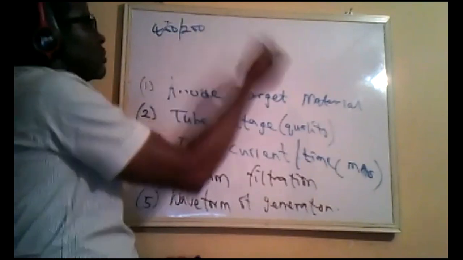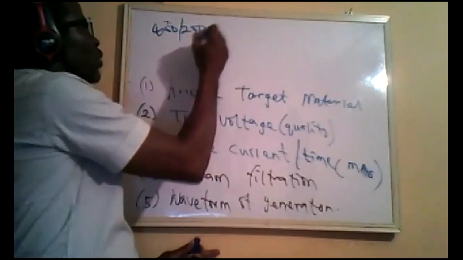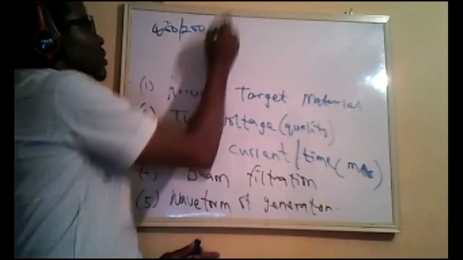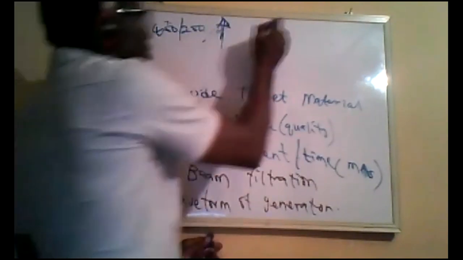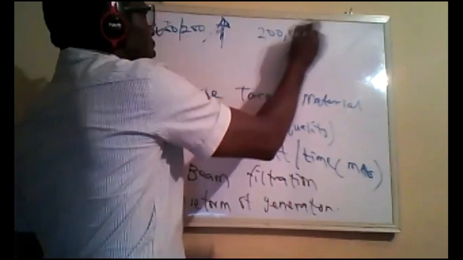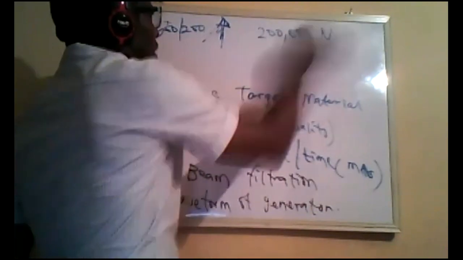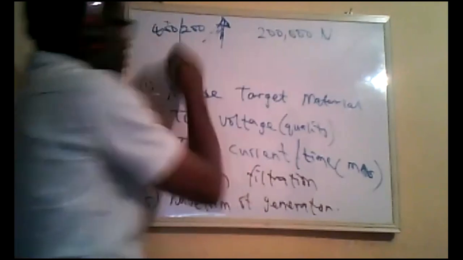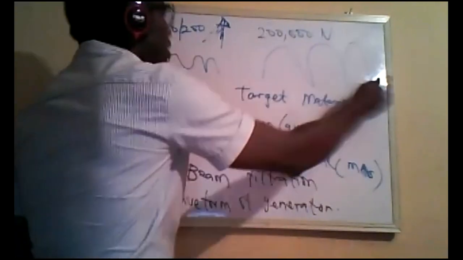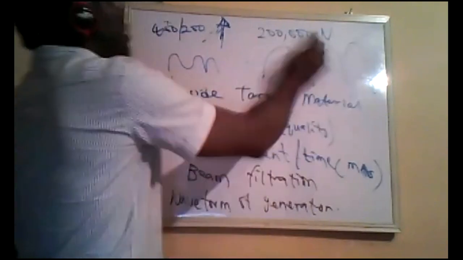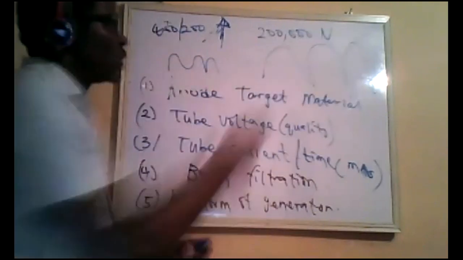You now step it up to the value of kV we use, maybe around 200,000 volts. And you can have some idea like this. Then at the end of the day, we have a very large waveform. So this is the one we need to rectify.